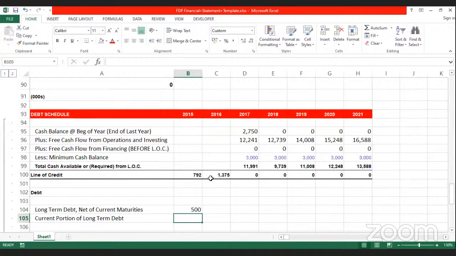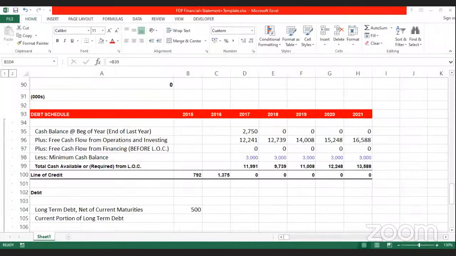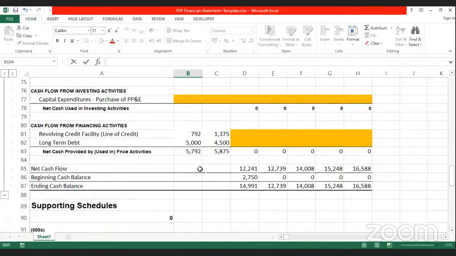Okay, so I do have long-term debts and I do have net current liabilities. These two amounts I am going to get from my balance sheet.